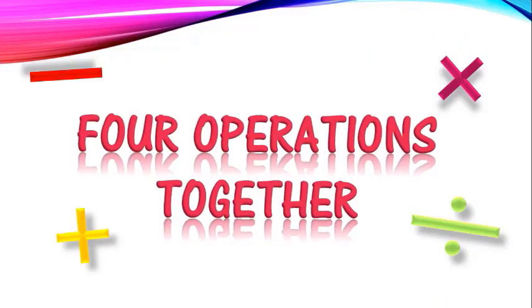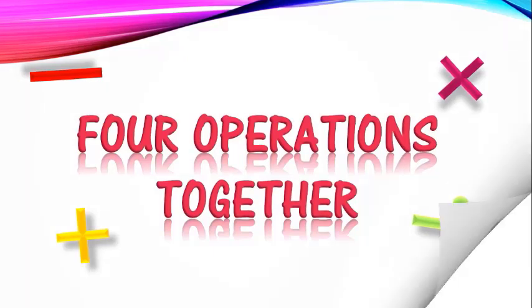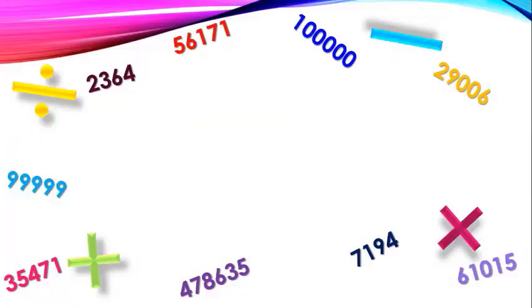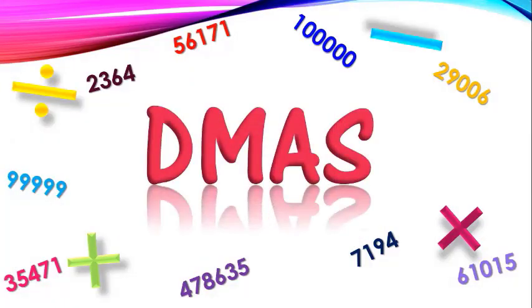All the 4 operations together, that is addition, subtraction, multiplication and division. When 4 operations are given in a question to be performed together, we follow the DMAS rule. What does DMAS mean? DMAS.